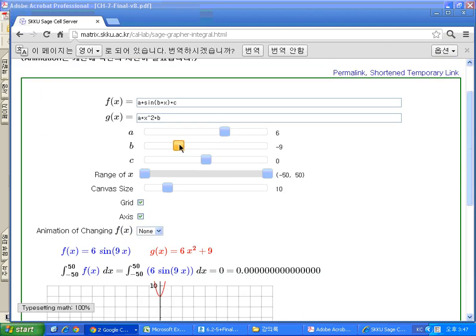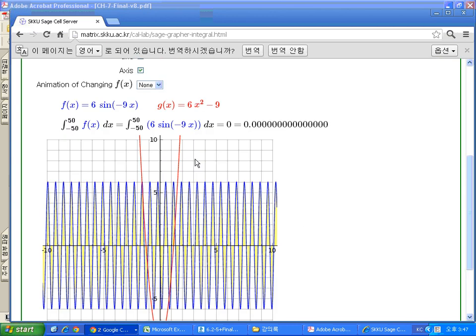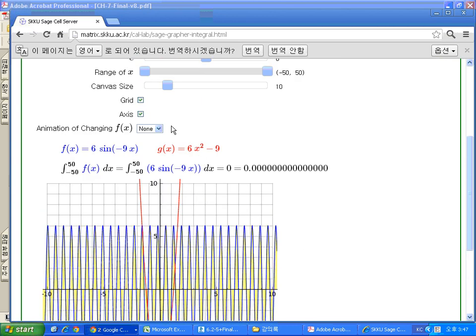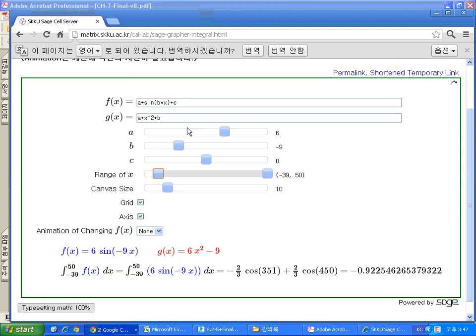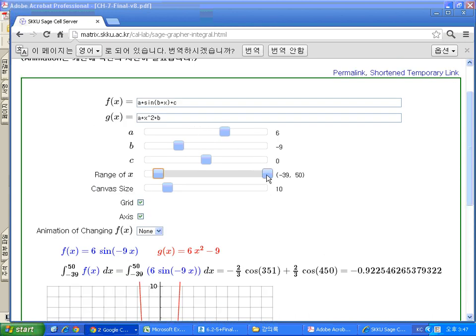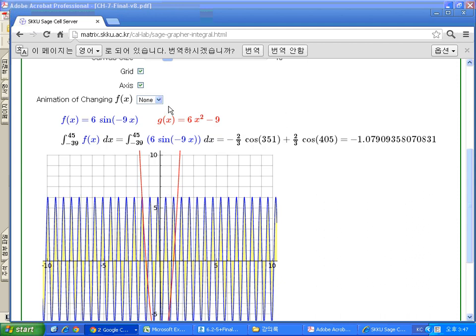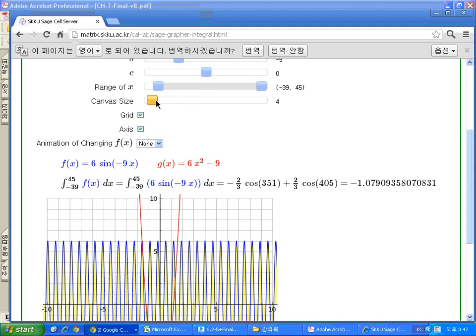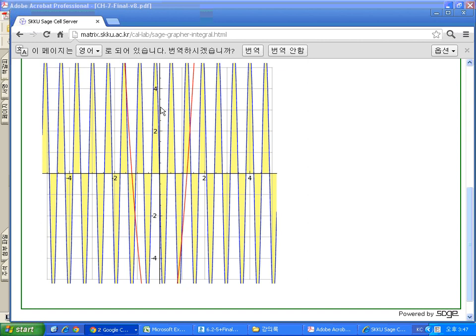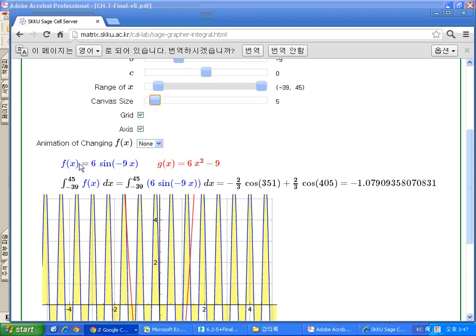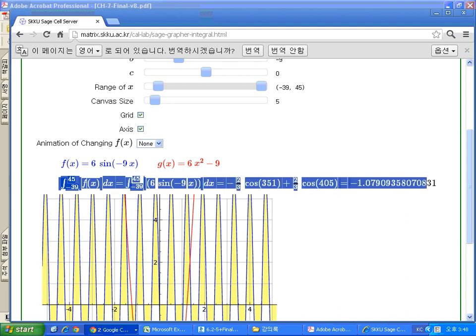If you move this one to c like this, and change this interval, make the canvas size a little bigger, then as you see, for this function, the integral can be obtained like this.